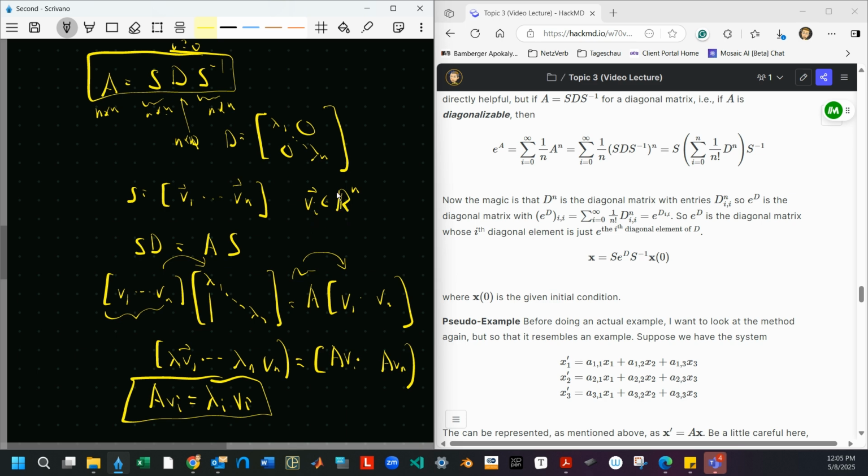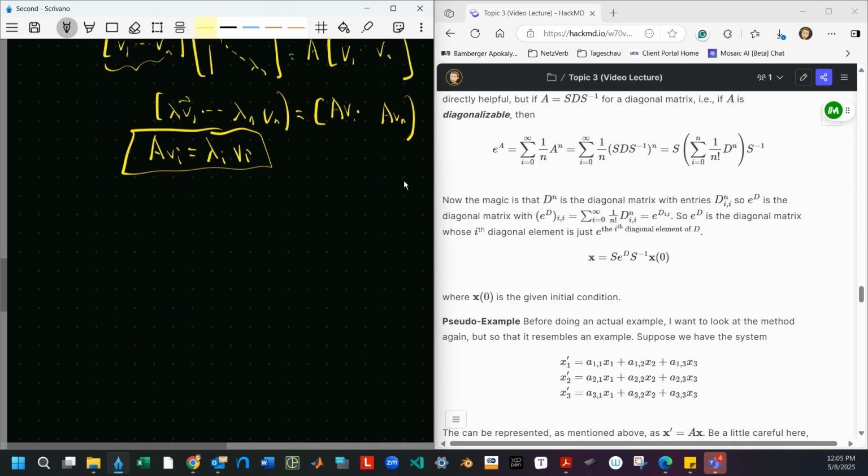With all that said, let's suppose A is diagonalizable, and I'm trying to compute this funny e to the A thing. This is the sum from n equals 0 to infinity of 1 over n factorial, A to the n. Here's a really nice thing about diagonalizable matrices.